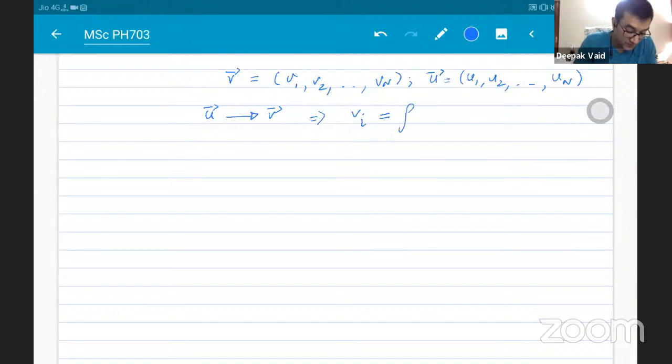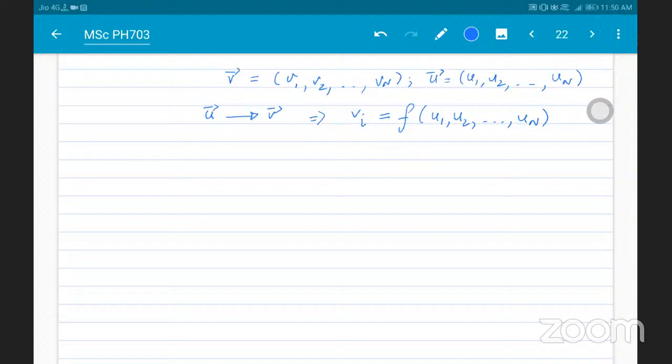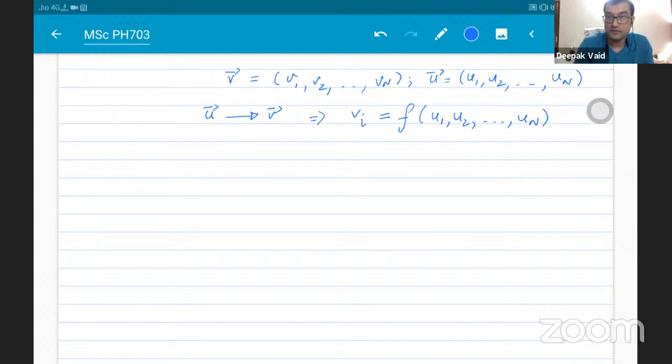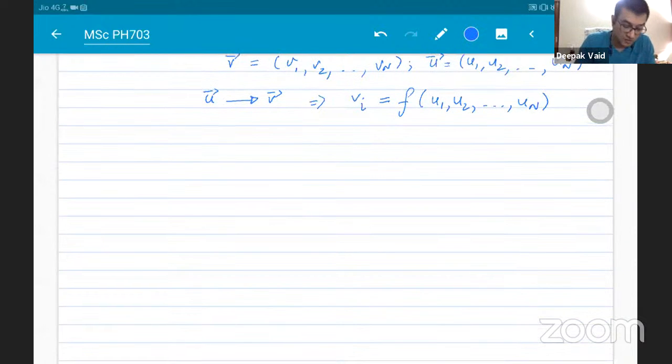V of i will be some function of the components of U, right? Yes? Okay. And this function also will depend on i, right? So there will be n functions, one for each component of V.